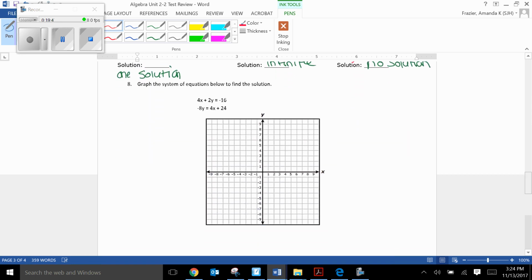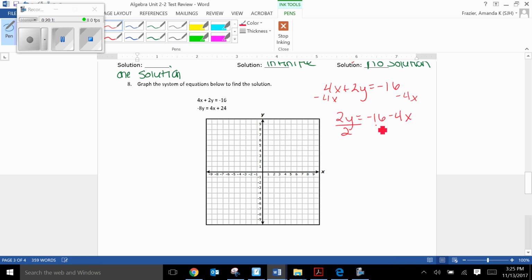Number 8, graph the system of equations below to find the solution. Okay, so I need to solve for y again. So 4x plus 2y equals negative 16, solving for y. I'm going to subtract 4x from both sides. 2y equals negative 16 minus 4x.